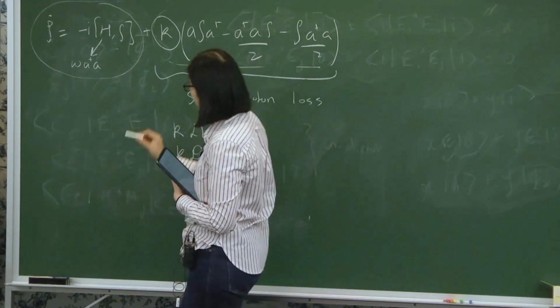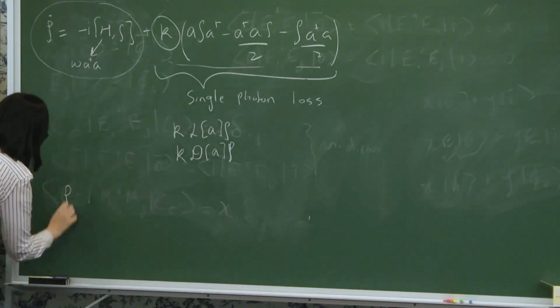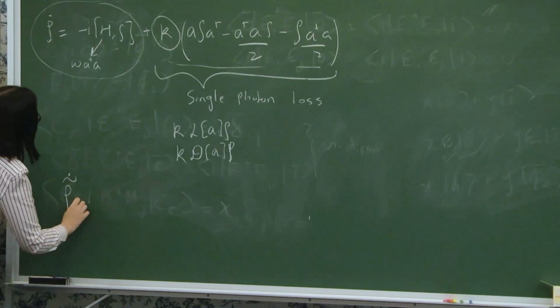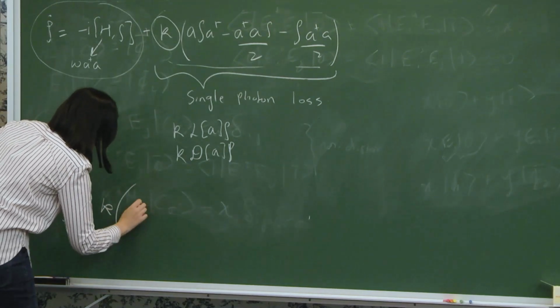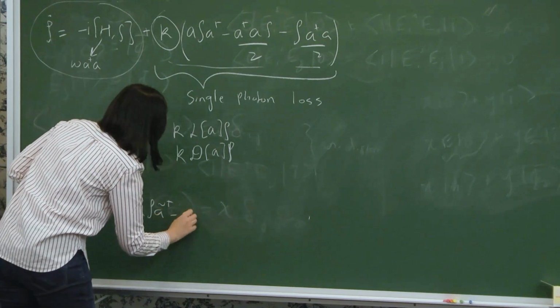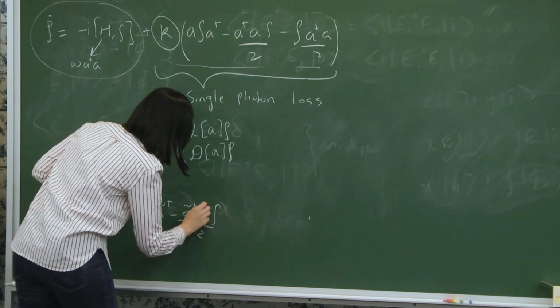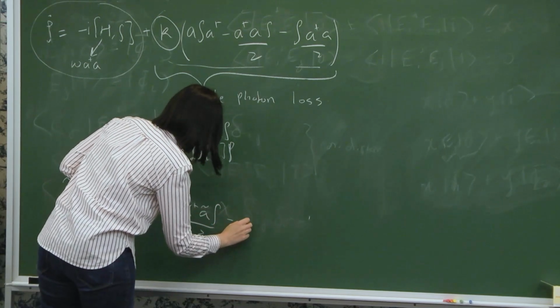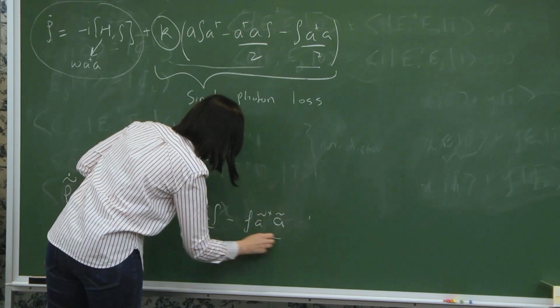So when you do that, let's call it rho tilde, rho tilde dot just becomes equal to kappa times a rho a dagger minus a dagger a rho by 2 minus rho a dagger a by 2.